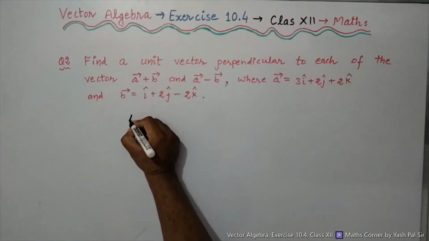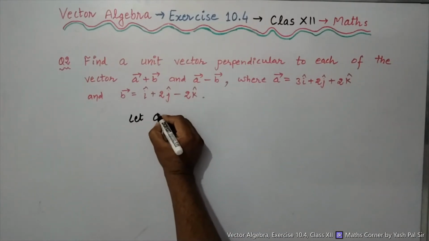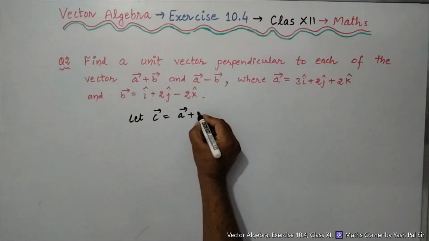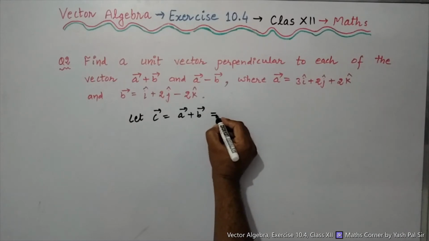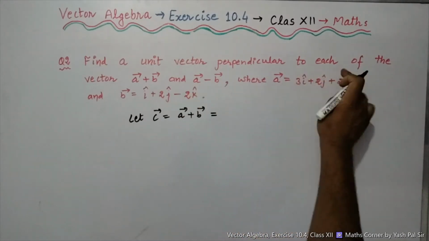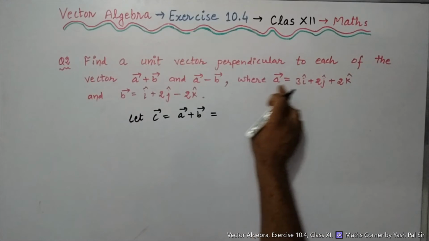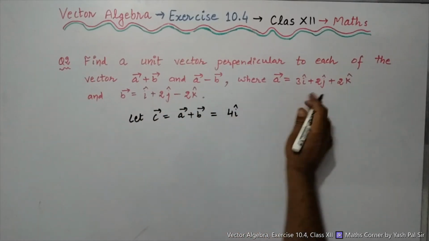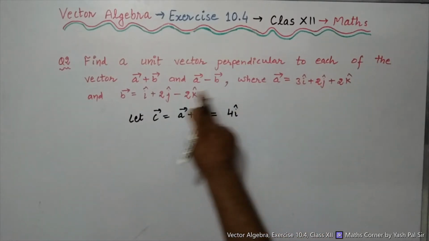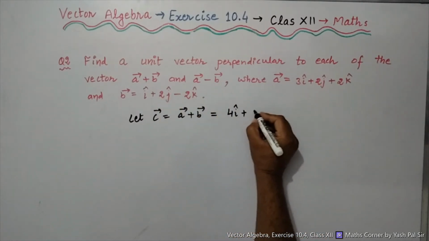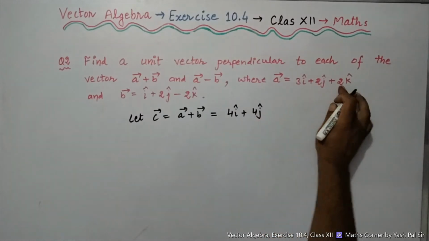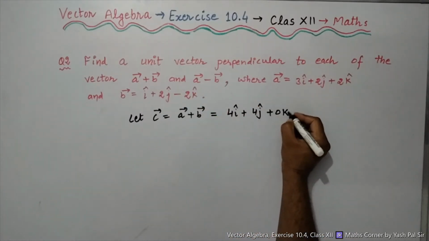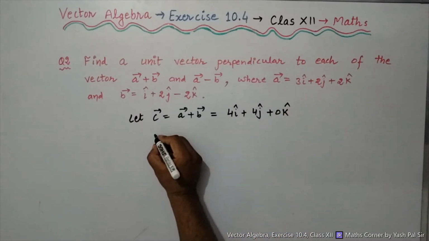So first of all, let c vector be equal to vector a plus vector b, and its value will be equal to, adding the corresponding components, 3i plus 1i is 4i, 2j plus 2j is 4j, 2k minus 2k is 0k.